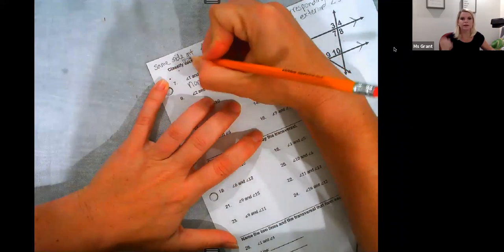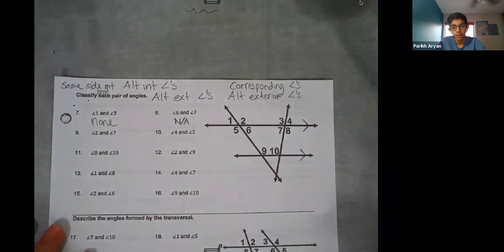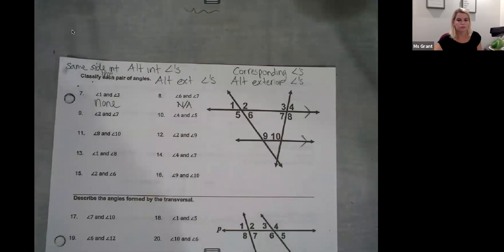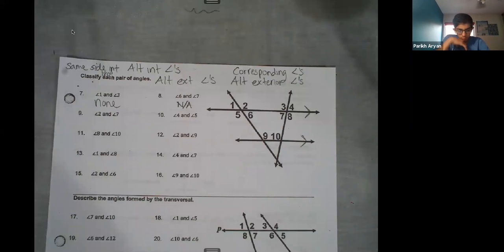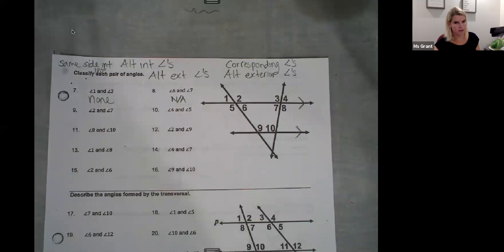The same side interior adds up to 180. Can't you also use, not for this but for other transversals, linear pair or vertical angles? You would use vertical angles, or if they add up to 180, yep. Everything we've learned, you guys, is fair game. But we're just focusing on these for this lesson for chapter 2.